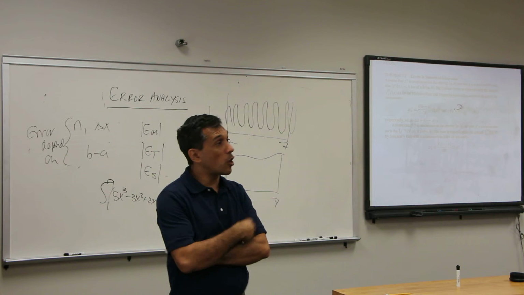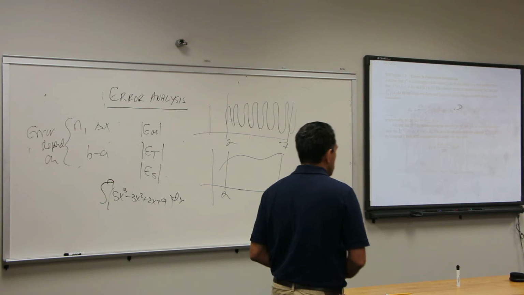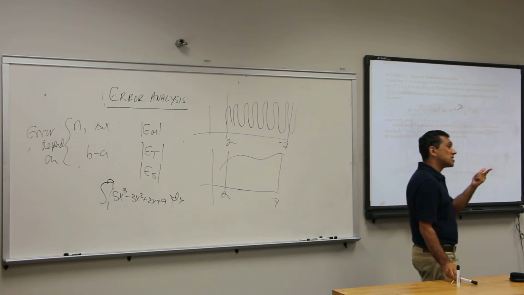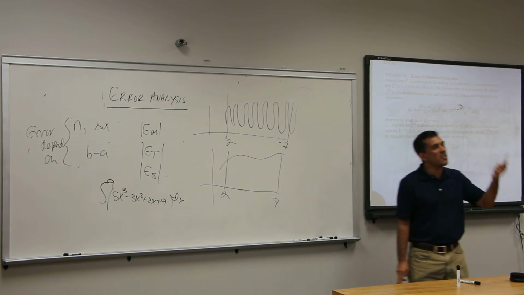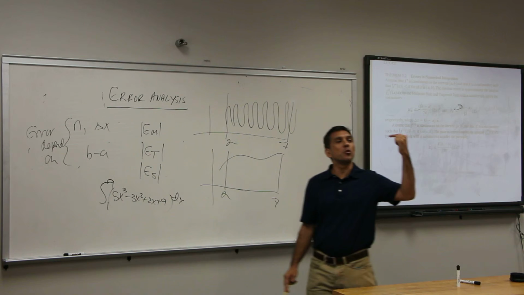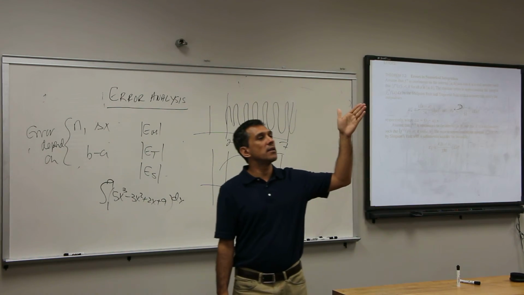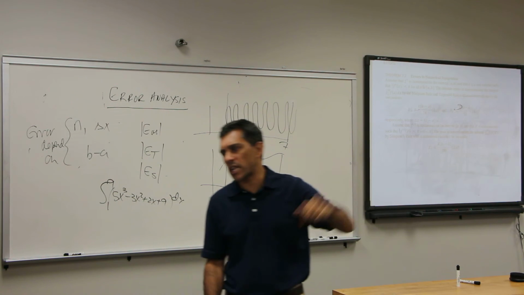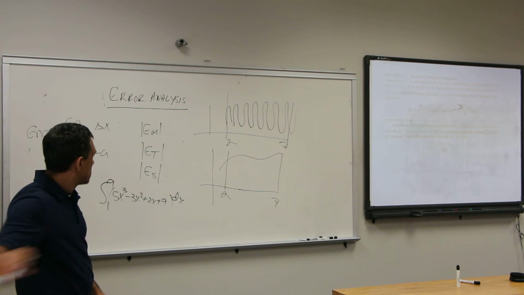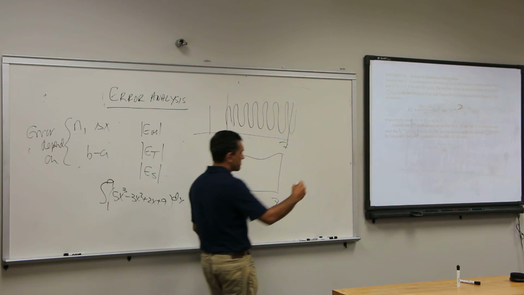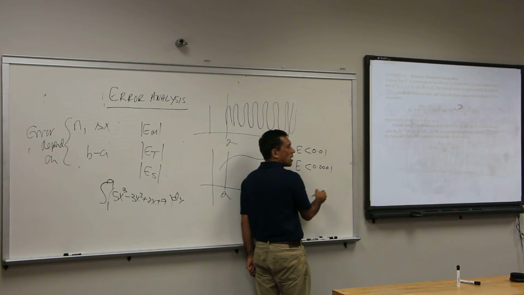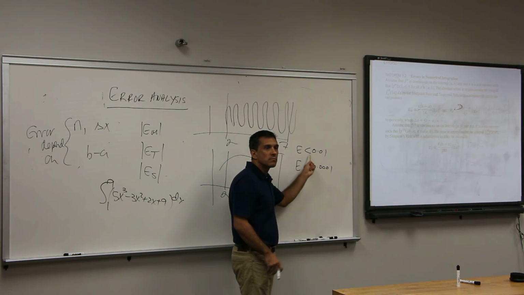And by the way, that is one way to use these formulas. Another way to use these formulas is to say, how many steps do I need to be within this tolerance? That is to say, if you want your error to be less than this, or if you want your error to be less than this, which one is going to need more steps?